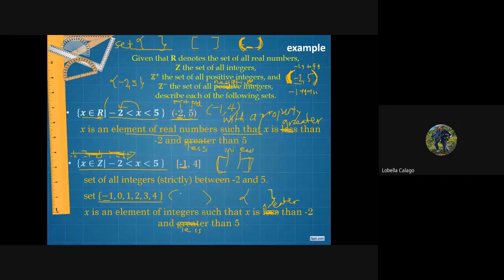While this one, yung open and close braces, you're going to list all of the elements.